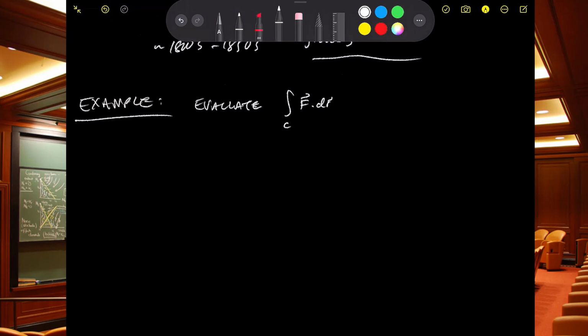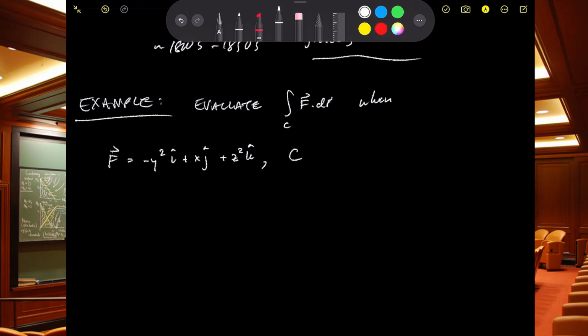All right, so let's say we want to evaluate a line integral for a vector field given by negative y squared i plus x j plus z squared k.